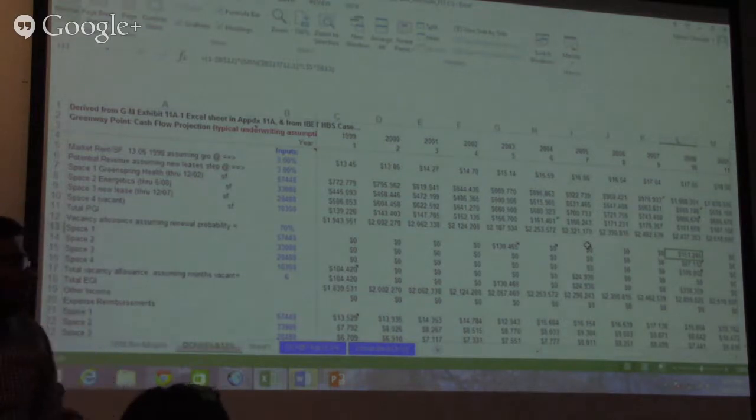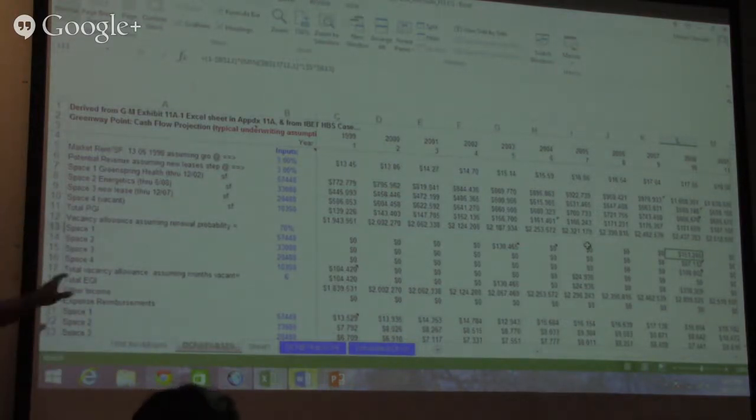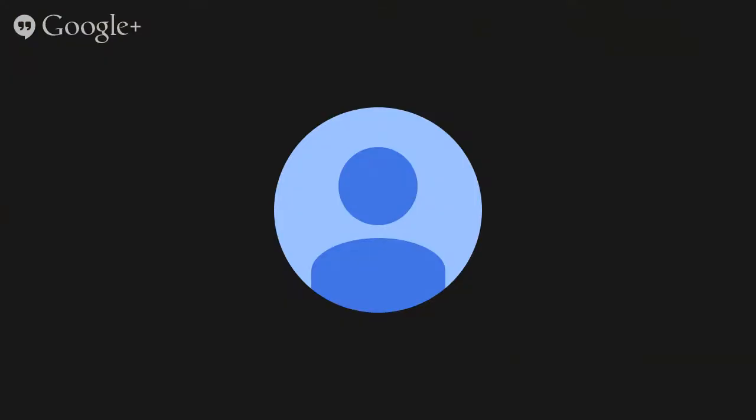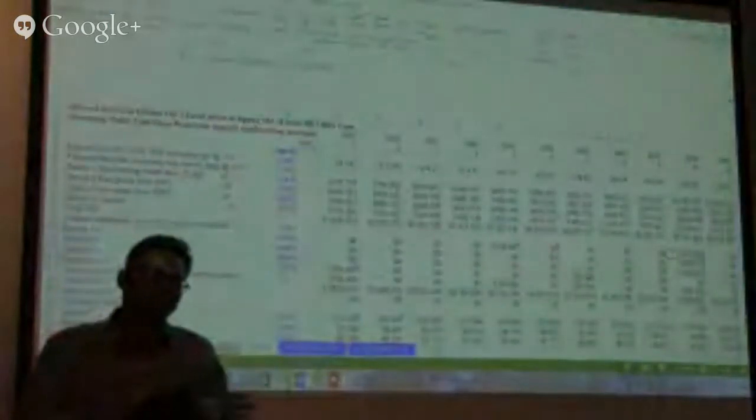Okay. So similarly, for 2, 3, 4, we built everything like that. The same formulas, the same way. Okay. Only for this portion, we use a 50% probability rate. And why would we use a 50% probability rate? Because it's a vacant space in the first place.